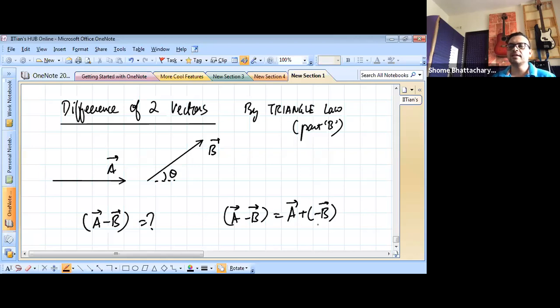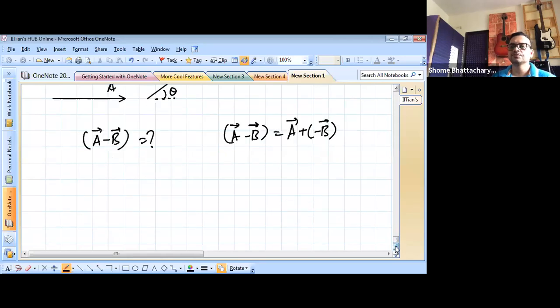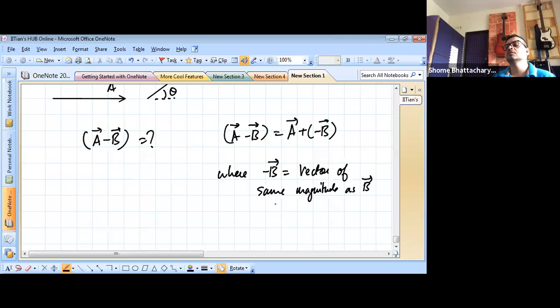So you can apply triangle law, but the thing is that you're not adding A and B. You're adding the vector minus B with A. Okay. So basically, you have to understand what is the vector minus B. It is a vector of same magnitude as B, but opposite direction.